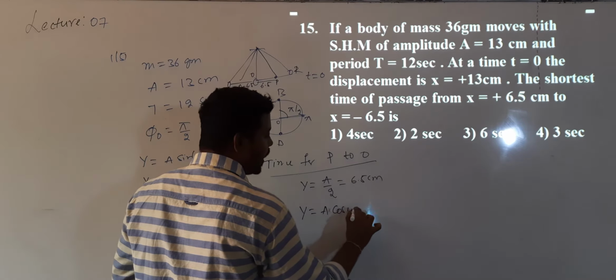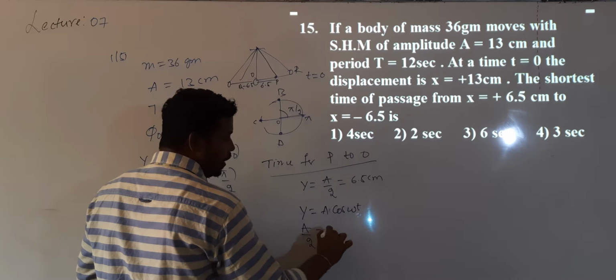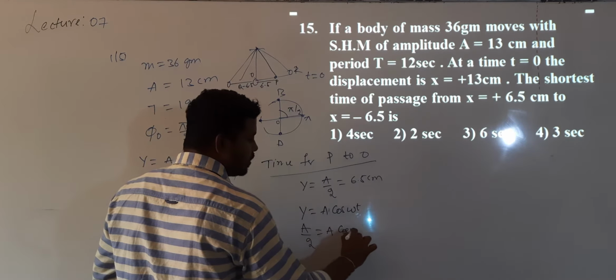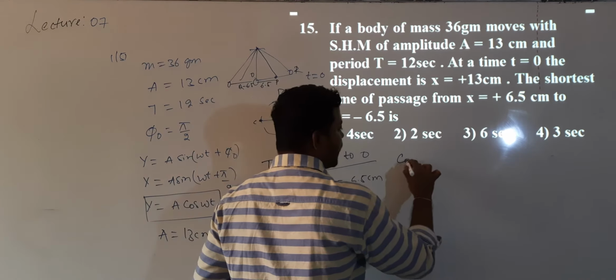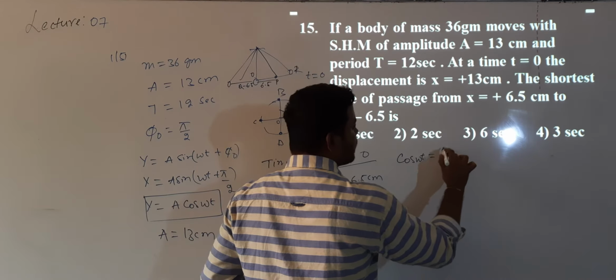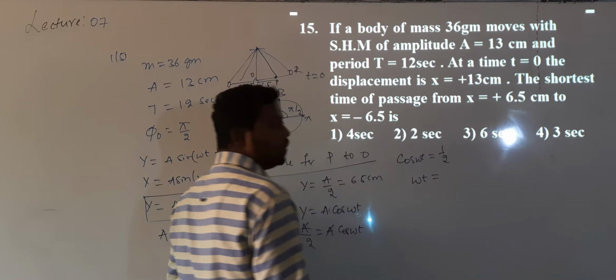Substitute y as a by 2. a by 2 is equal to a into cos omega t. a cancels. So what will we get? Cos omega t is 1 by 2. What is omega t? Cos of which value is 1 by 2?